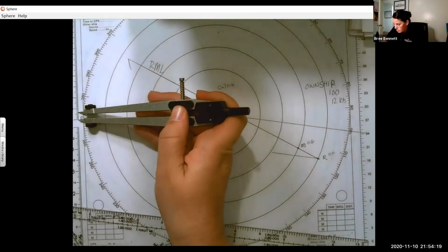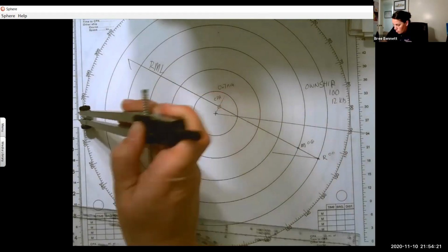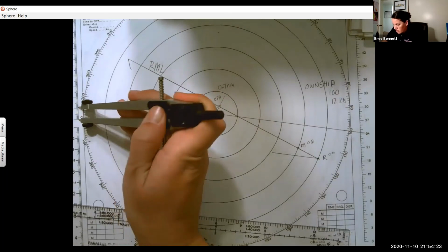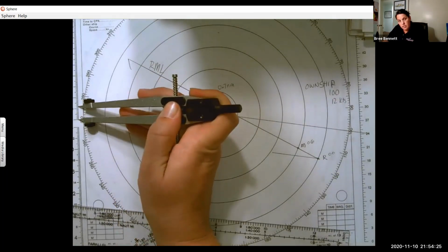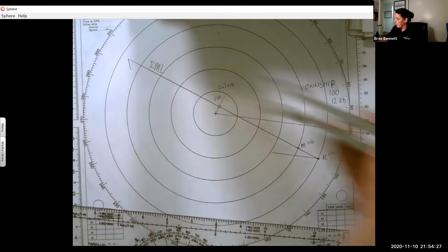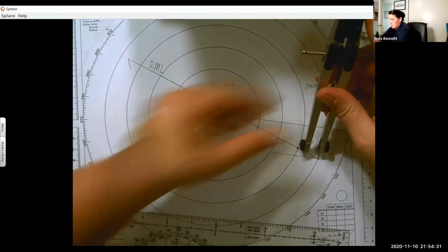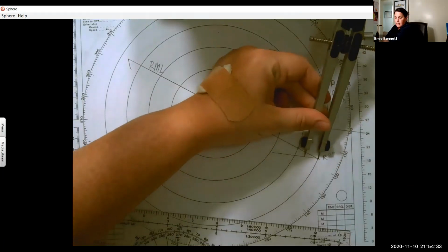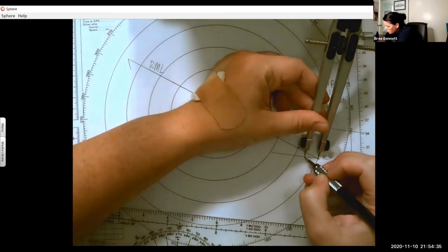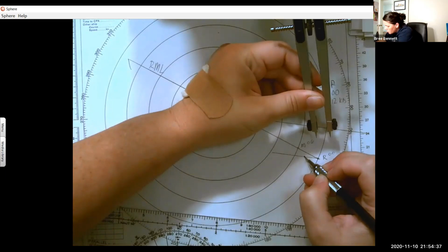So I'll find 1.2 over here. And from my R, I have 1.2.